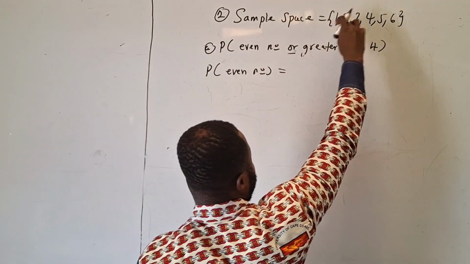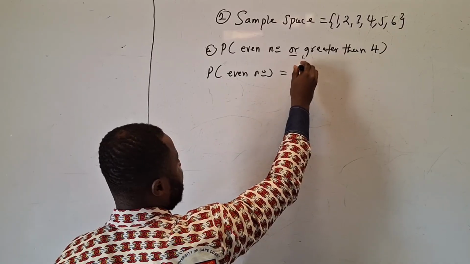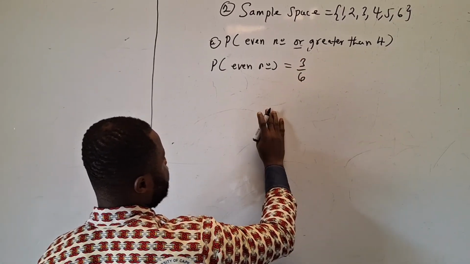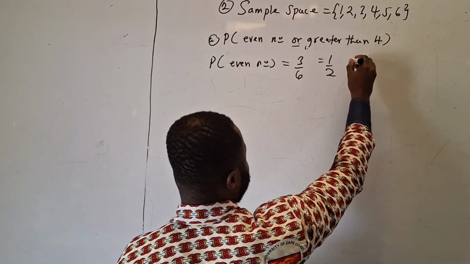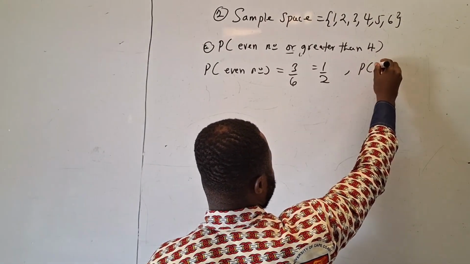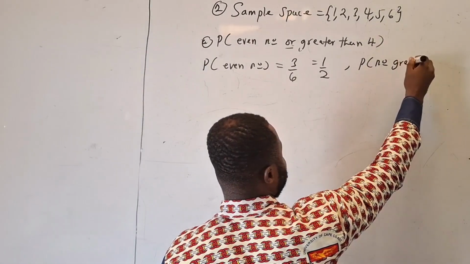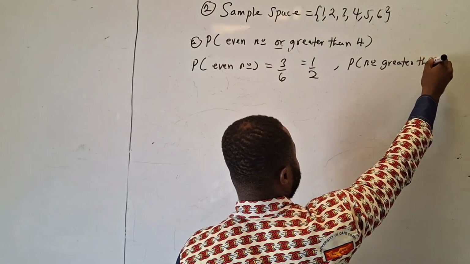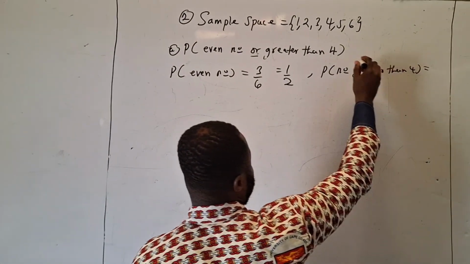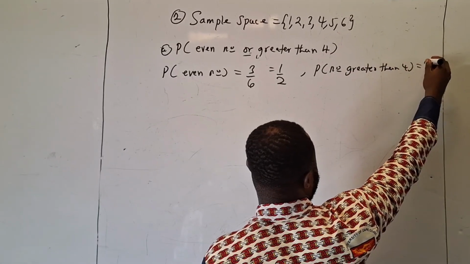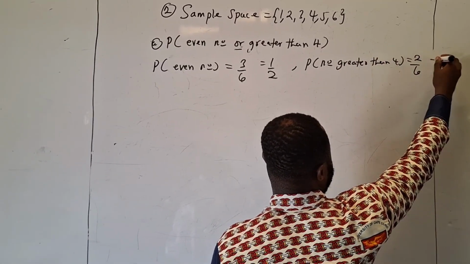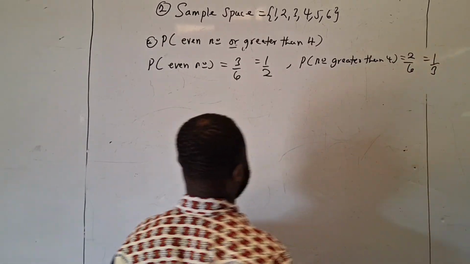So even numbers, we have 2, 4, 6. So we have 3 on 6, which will give us 1 on 2. Then probability of obtaining a number greater than 4. That one will be 5 and 6. So which is 2 out of 6, which also give us 1 on 3.